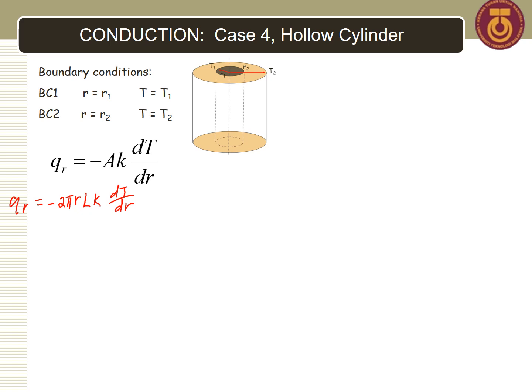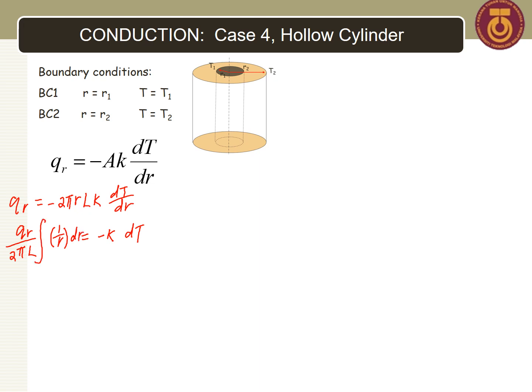With this we will get Q(r) divided by 2 pi L, times 1 over R, equals negative K, and here we have dT and dR.